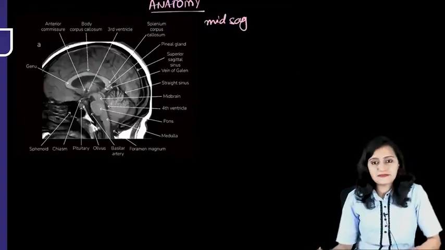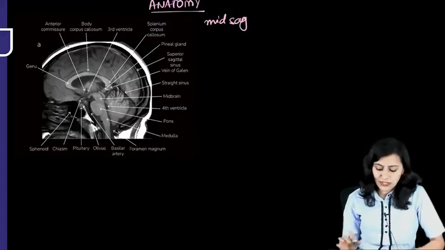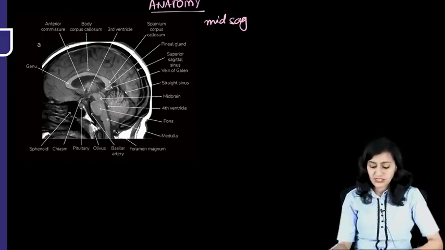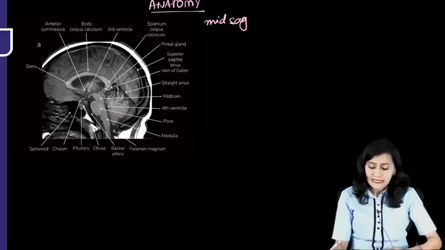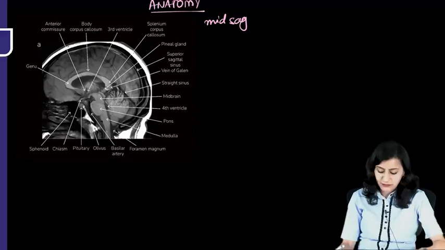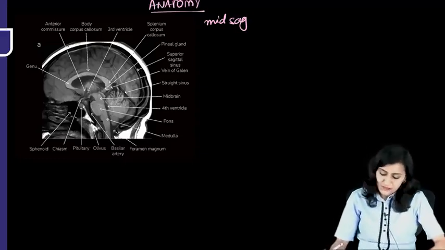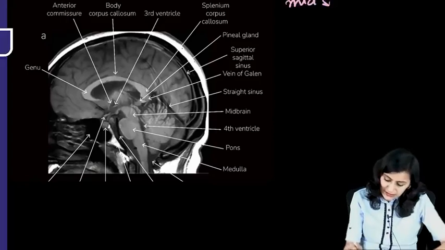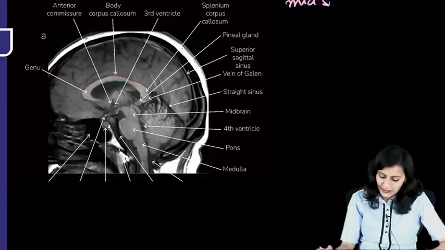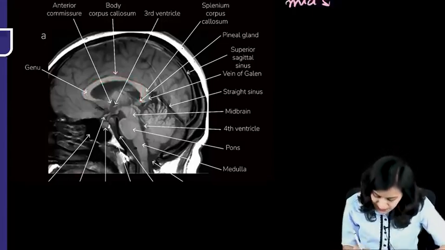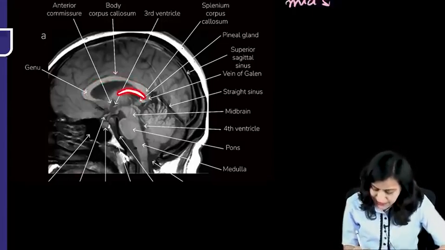Now going to anatomy, the most important in neuroradiology, we'll have a look at the important sections. First one is the mid-sagittal section of the brain. What do we see in the mid-sagittal section? So first, this is corpus callosum, the white matter tract. The white matter tract coming from the corpus callosum, remember that's the fornix.